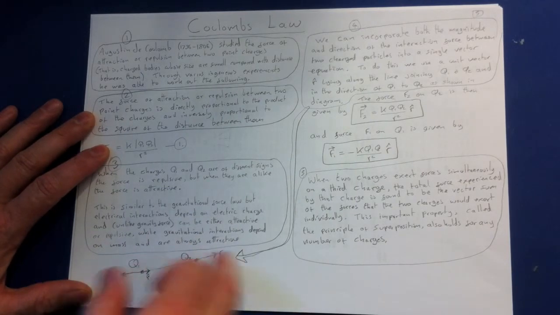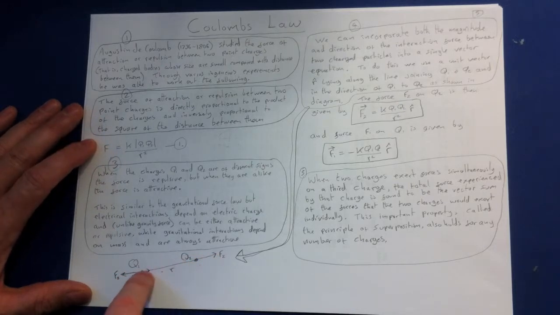There's a vacuum between them, nothing is joining them. This is just to show the lines of force and the distance between them. So here we've got charge Q1, charge Q2, and R is the distance between them. And force F2 is felt by Q1 from Q2, and a force F2 is felt by Q2 from Q1.